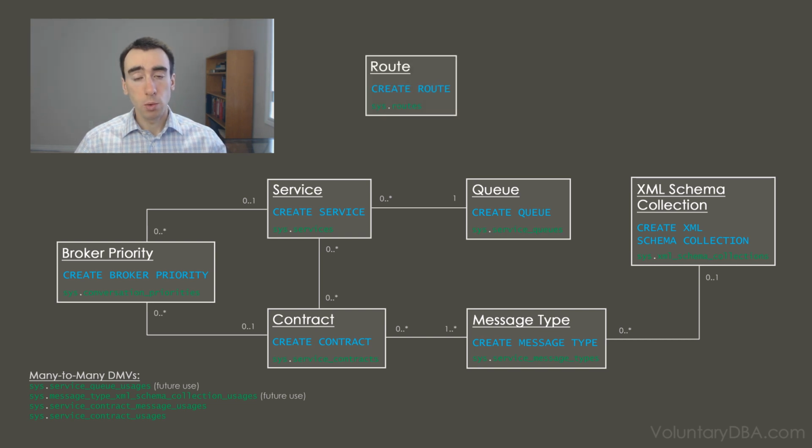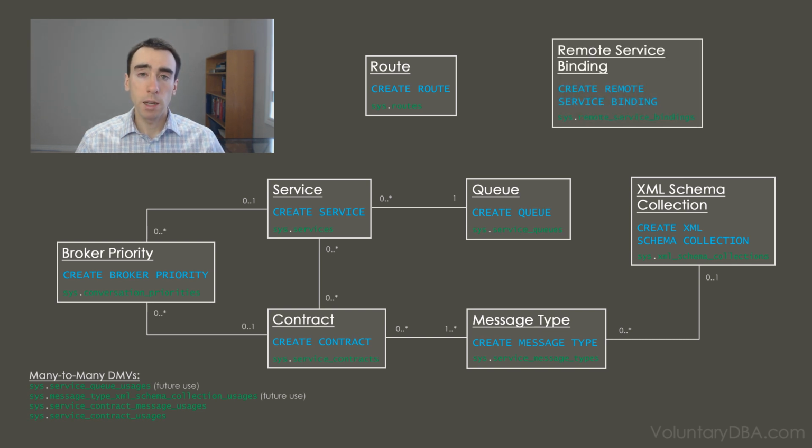Routes associate remote service names with network addresses, which makes it very easy to do redirection without application changes. Route objects created in MSDB are used to direct incoming service requests to databases in the local instance. Finally, remote service bindings specify the certificate to use for encrypted conversations when communicating between two different databases.